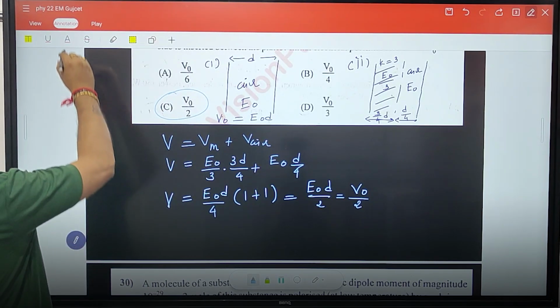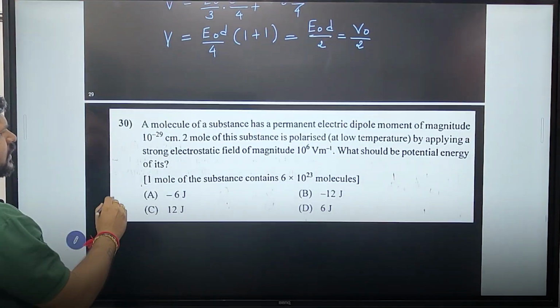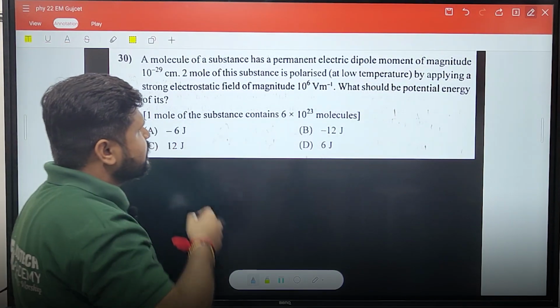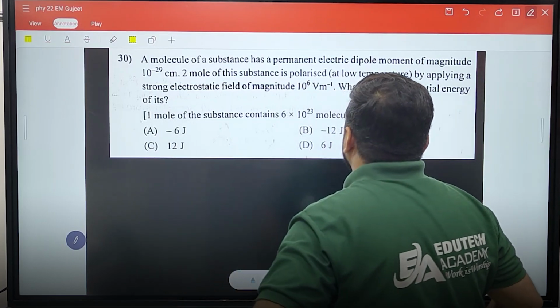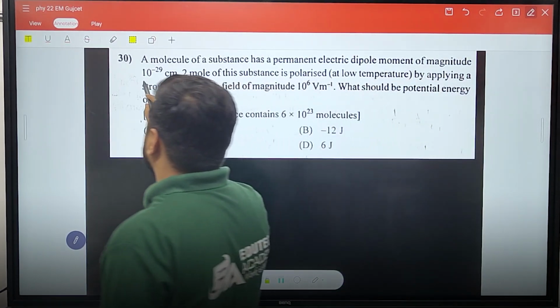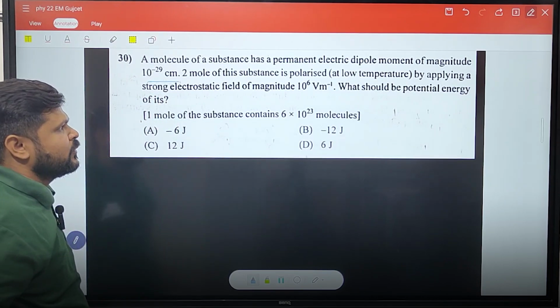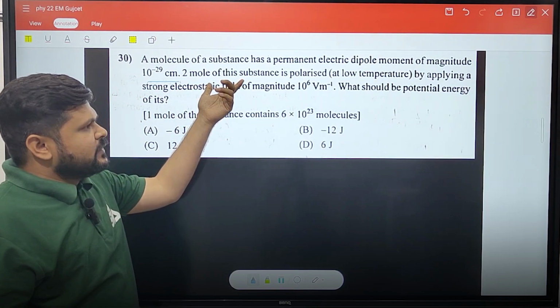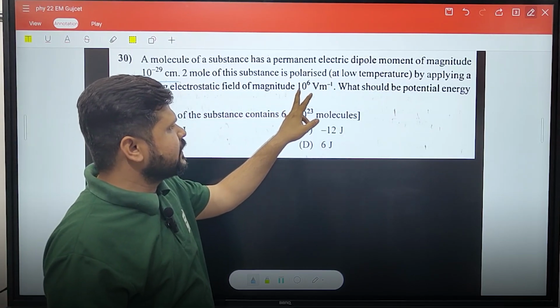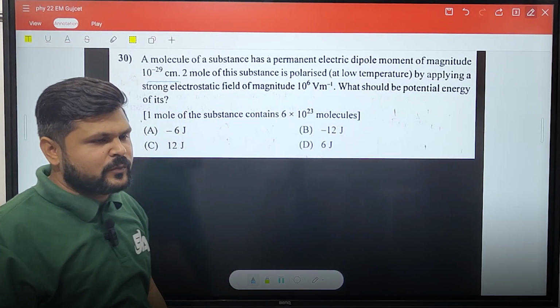So now we will move towards the next MCQ, MCQ number 30. There is one molecule whose permanent electric dipole moment is given, that is 10 raised to minus 29 coulomb meter, and this substance is of 2 mole. We are applying an electric field of 10 raised to 6 volt per meter.